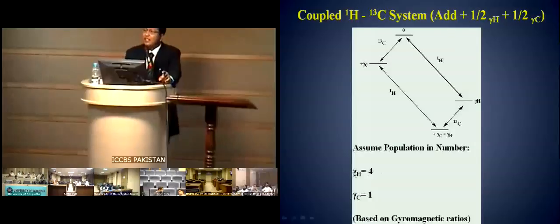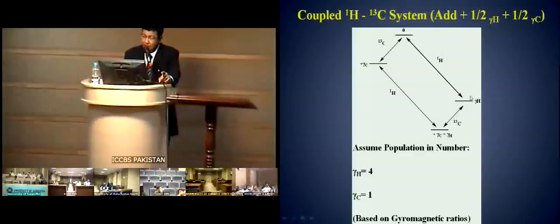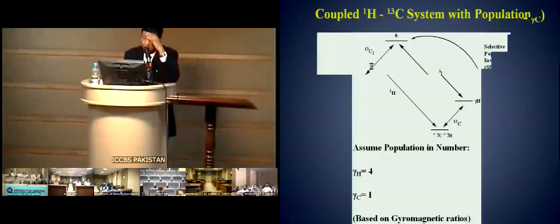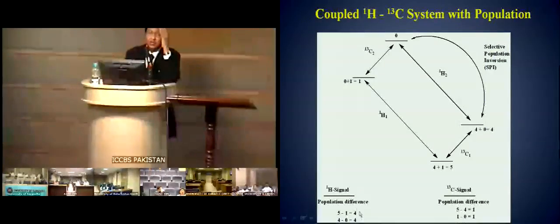Gamma H is 4, the gamma C is 1, and therefore this population is 5, this population is 4, this population is 0, this population is 1, based on gyromagnetic ratio. And it's so simple because I know that the population of 5 minus 1 is 4, a difference of 4, because the difference is the intensity.